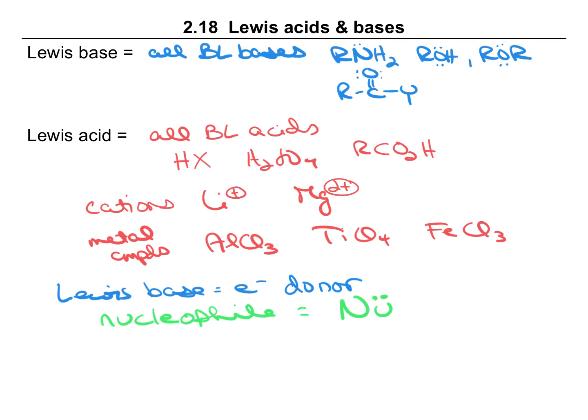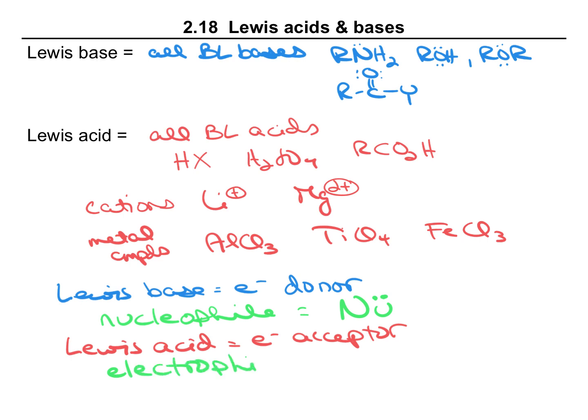Now, what about a Lewis acid? So a Lewis acid is an electron acceptor. So it probably has positive character. And so back to the dating scene, because it has positive character, it wants somebody that has negative character. So a Lewis acid is also known as an electrophile because it loves electrons with their negative charge.